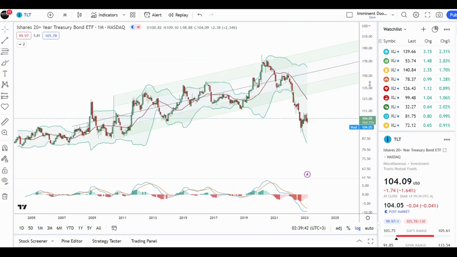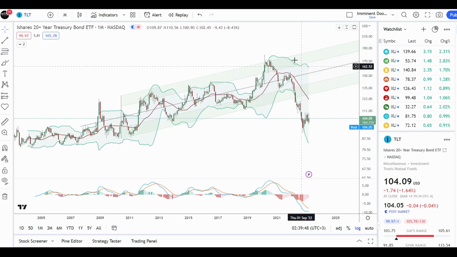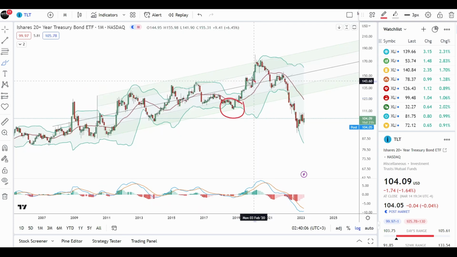Let me tie this up together very quickly for you guys. We've been trading in this perfect ascending channel for ages now. Treasuries topped in the middle of 2020. What happened? Well, we had this China trade war scare at the end of 2018. Then TLT began to recover. What happened then? We had COVID in early 2020.